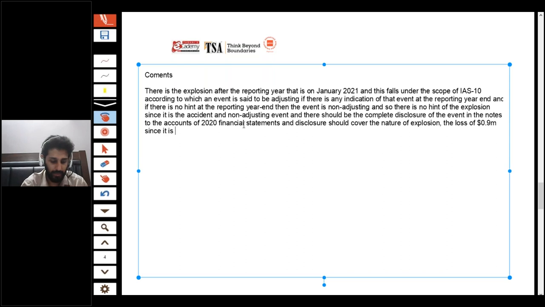See that it is 15% of PBT. In the bracket, you should write 0.9 million divided by 6 million, and so material to the financial statements.